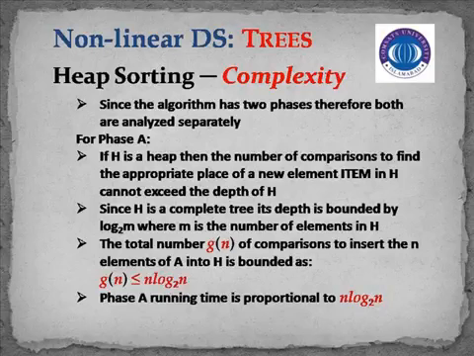For phase A, if H is a heap, then the number of comparisons to find the appropriate place of a new element item in H cannot exceed the depth of H. Since H is a complete tree, its depth is bounded by log m, where m is the number of elements in H. The total number of comparisons g(n) to insert the n elements of A into H is bounded as g(n) ≤ n log n.